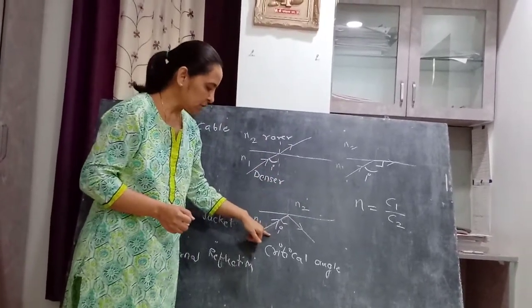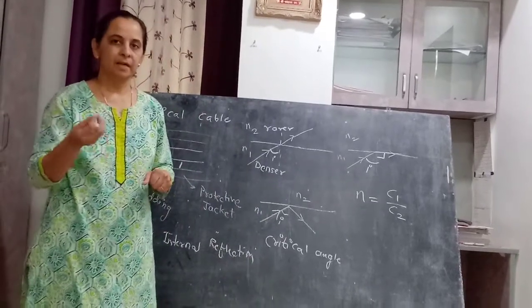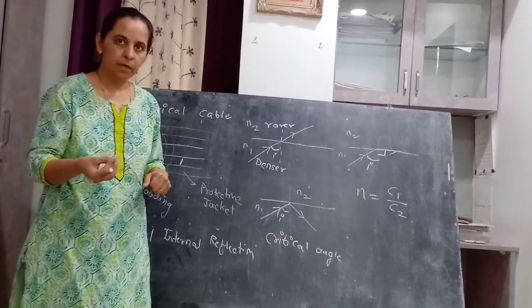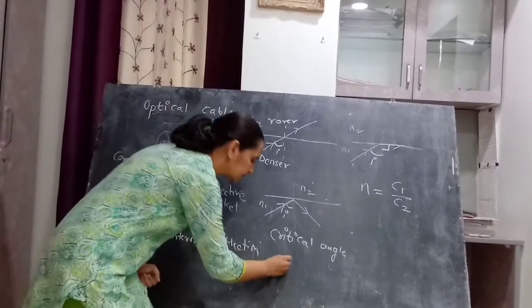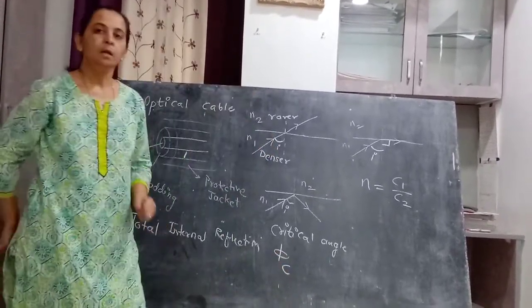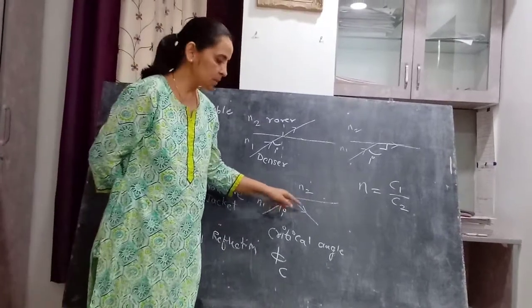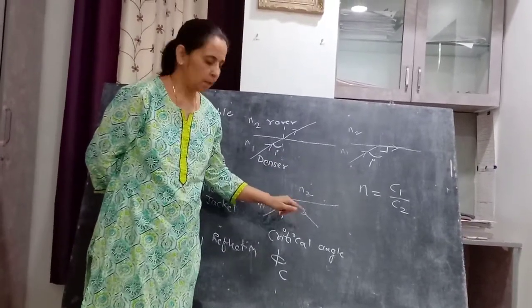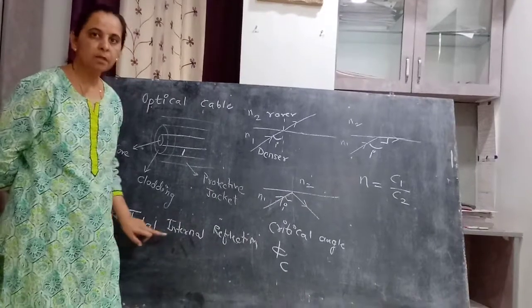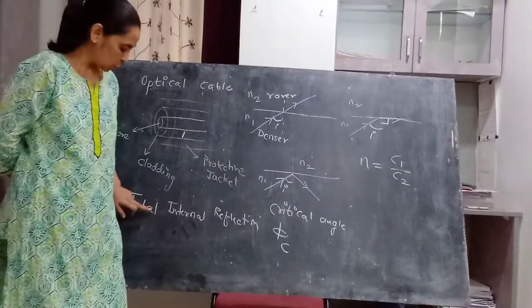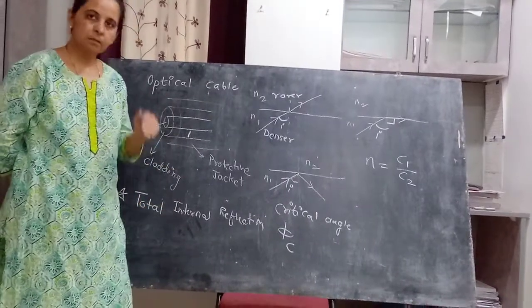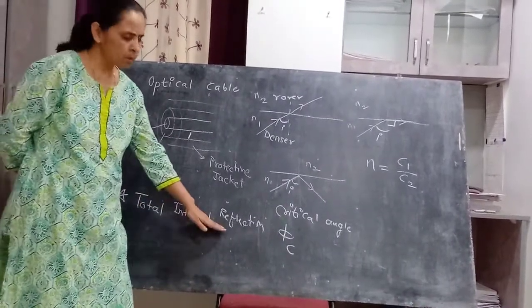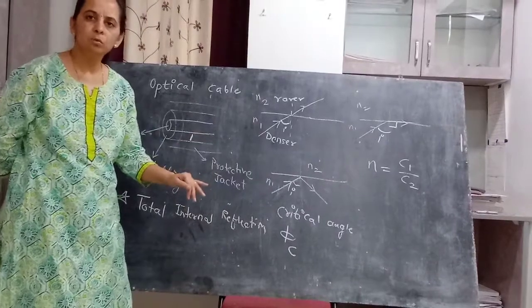So you have to slightly increase this angle of incidence, greater than the critical angle. If the angle of incidence is greater than the critical angle, then the ray comes back in the same medium, and this concept is called total internal reflection. Total means the entire ray is coming back, right? Internal means it is coming back into the core itself, because it is coming due to reflection.